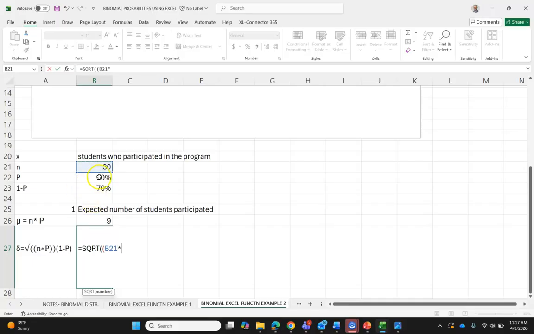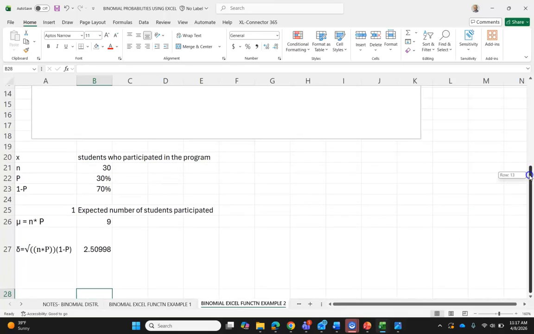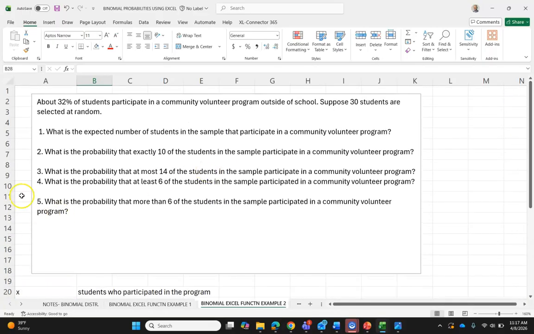So n times probability of success, close the bracket, and then times, put another bracket, 1 minus probability of success again, close the bracket, and then close another bracket. In this case, we'll find it is 2.50998.